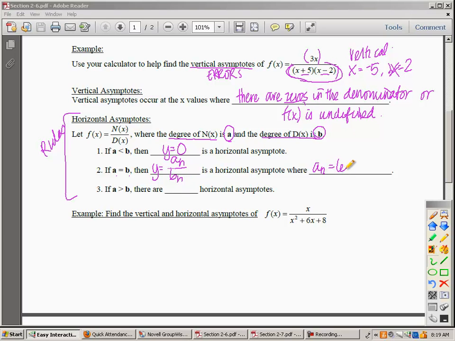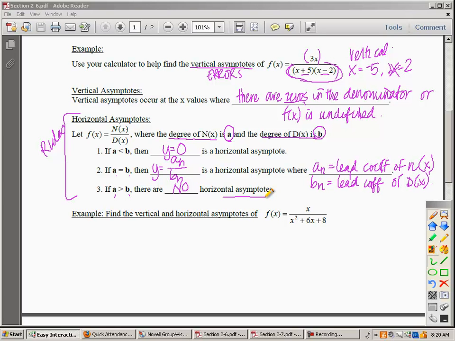A sub n is the leading coefficient of n of x, so of the numerator, and b sub n is the leading coefficient of the denominator. So basically what it says, if the degree is the same on top and bottom, then you divide their leading coefficients. Okay? The last type, if the degree on top is bigger than the degree on bottom, then you don't have any. There are no horizontal asymptotes. And I'm going to expand on this in a sec later on, but this is the first idea.